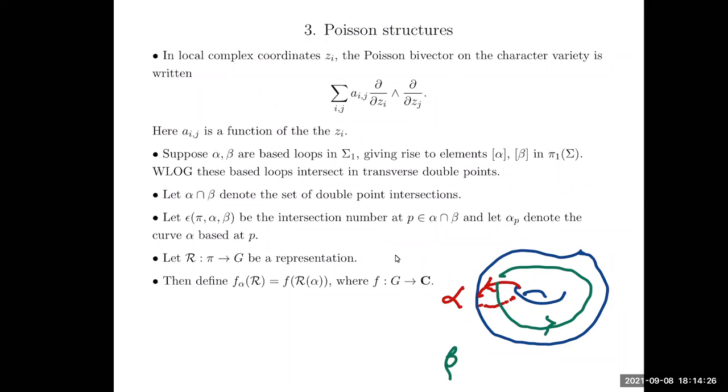I'll use epsilon_P(alpha, beta) to mean the intersection number at the point P of these two loops alpha and beta.